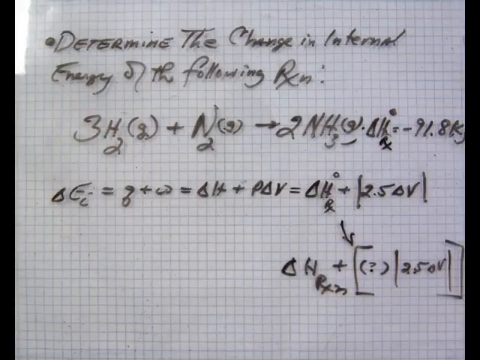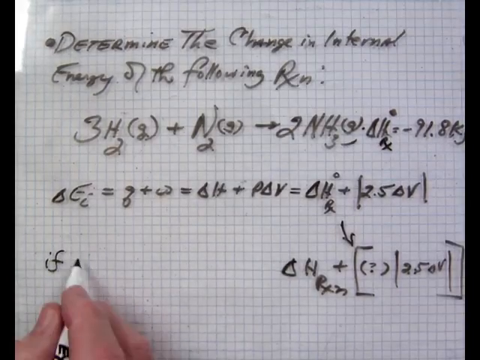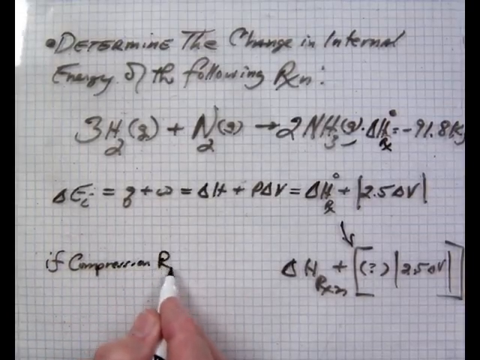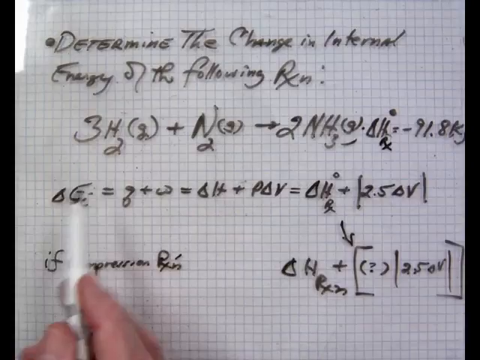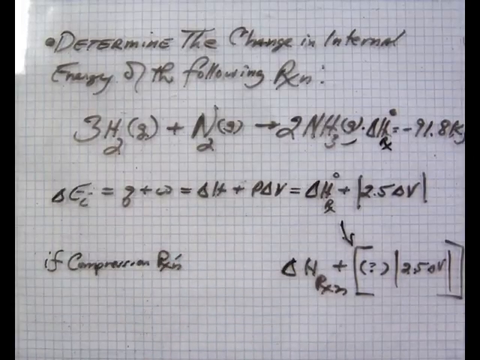Plus or minus? If it is a compression reaction, that is, we're going from 4 to 2, like we showed you. It's like taking, listen, watch me. Please concentrate and listen to what I'm saying. It's like taking a balloon and squeezing it down to smaller volume.